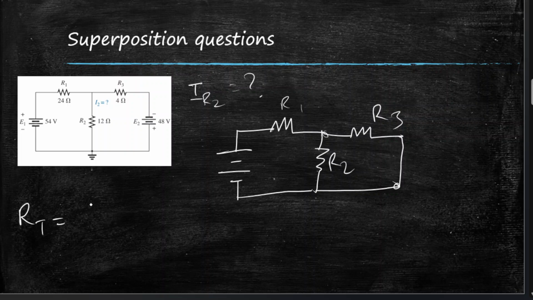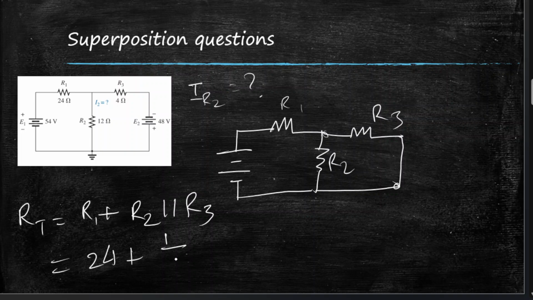RT is equal to R1 plus R2 parallel R3. Now let's place the values. So R1 is 24 plus R2, this parallel sign basically means we are just doing this.